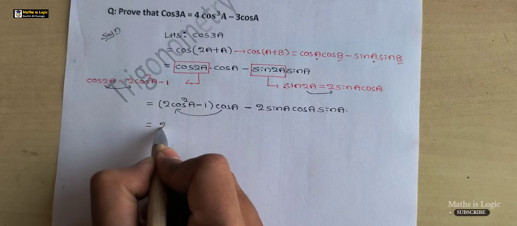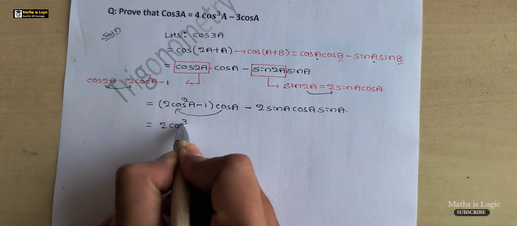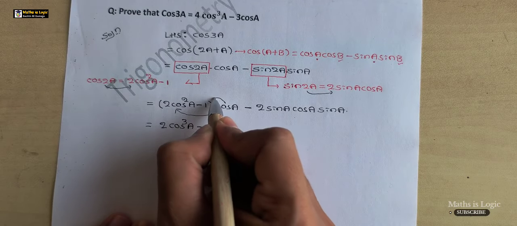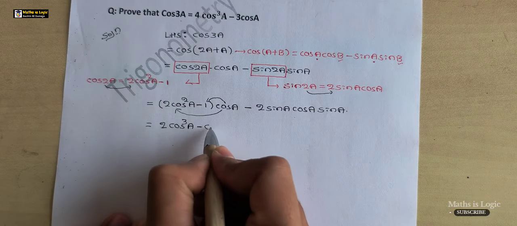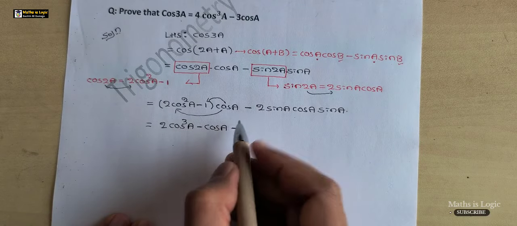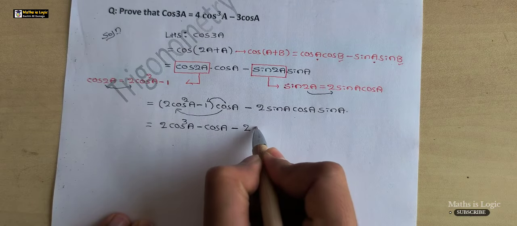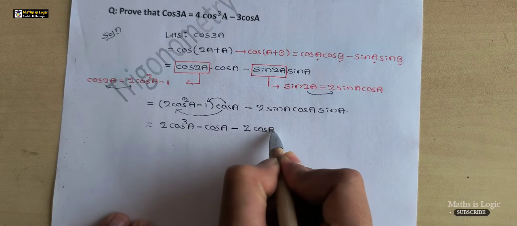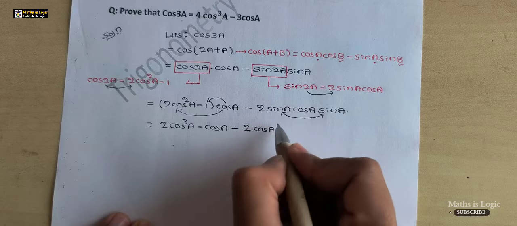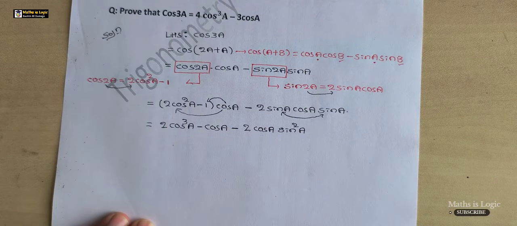This 2 I am going to keep as it is. Cos A into cos square A is cos cube A, plus into minus is minus, these two. Cos A into 1 is cos A. Minus, next this 2 I am going to keep as it is, and this cos A also I am going to keep as it is. Next, multiply these two. Sin A into sin A becomes sin square A.